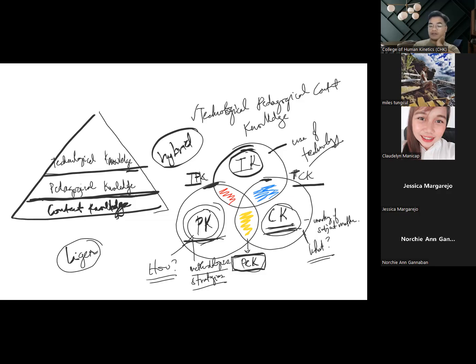Now, if you can notice, meron tayong area dito sa gitna. Itong area na to na nasa gitna, ito na yung paghahalo ng tatlong domains natin. So this is now your TPCK or Technological, Pedagogical, Content, Knowledge. So yan na yung TPCK talaga.